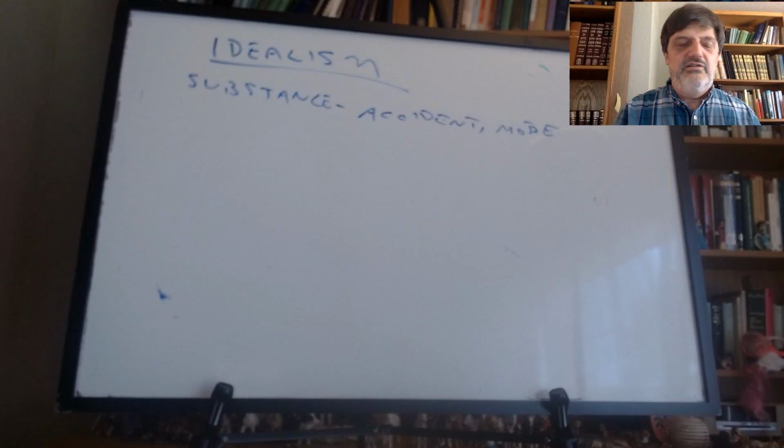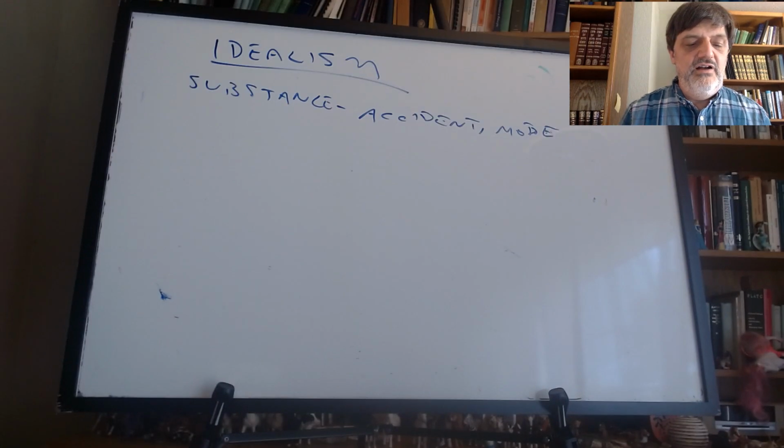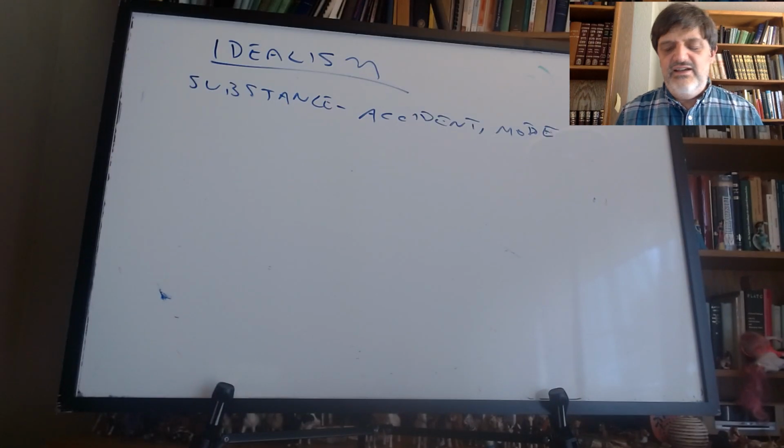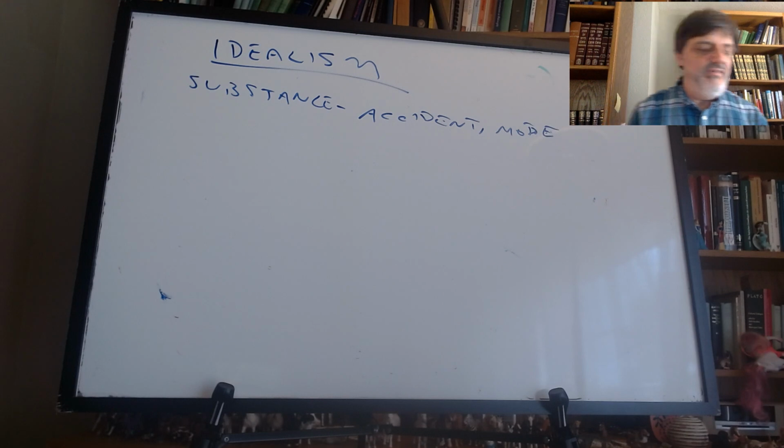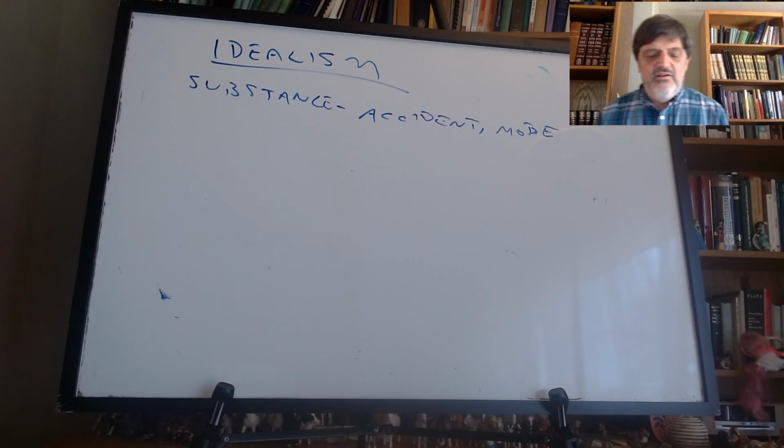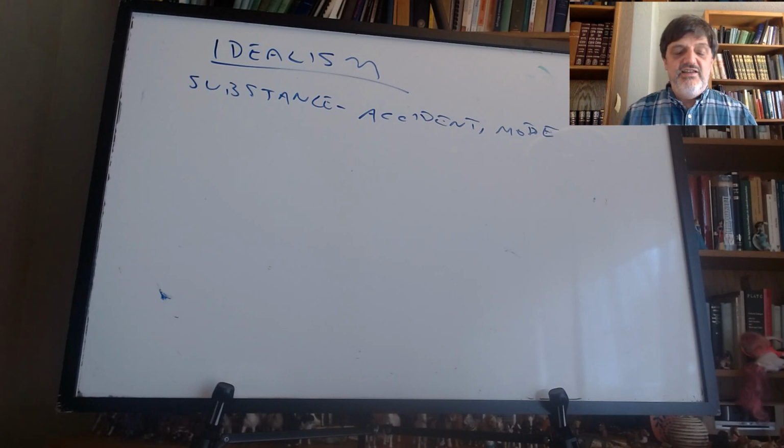I don't know if I've ever talked about it systematically this year in this course. We saw a lot about it in Locke, of course, and we're continuing to see a lot about it in Berkeley.